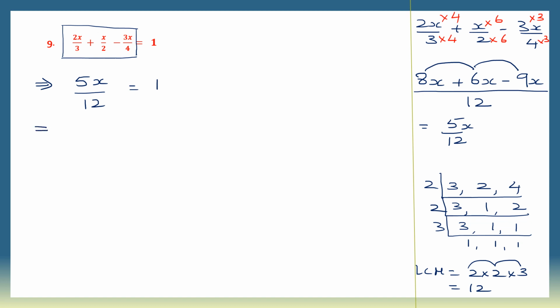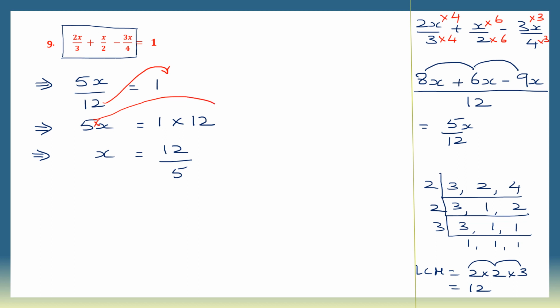Now to find the value of x, first we write 5x is equal to 1 into 12, because we have transposed 12, which is division, to the right hand side. It's become multiplication. So 5x is equal to 12. 1 12s are 12. So x will be equal to 12 divided by 5, because 5 here is multiplication and we have transposed it to the right hand side.